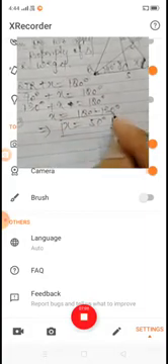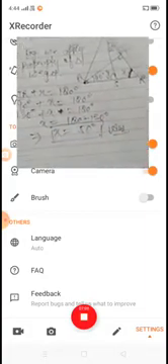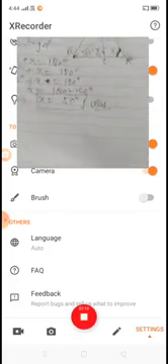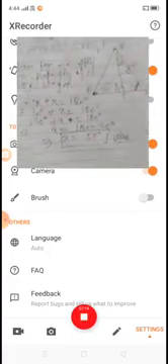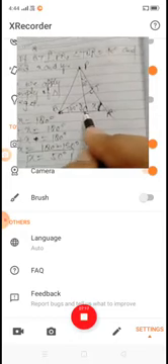Now the value of X is 50 degrees. One answer is done. Now we will find the value of Y.